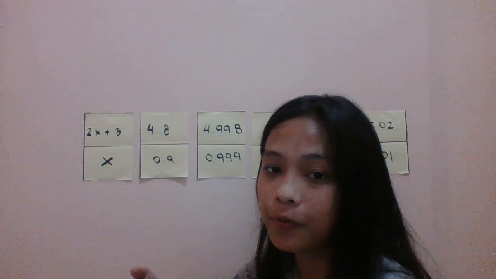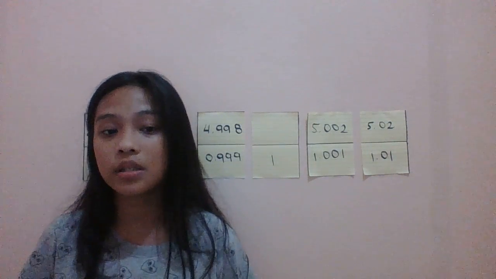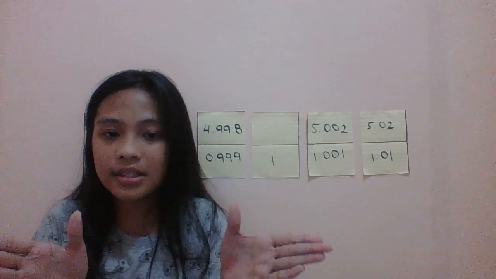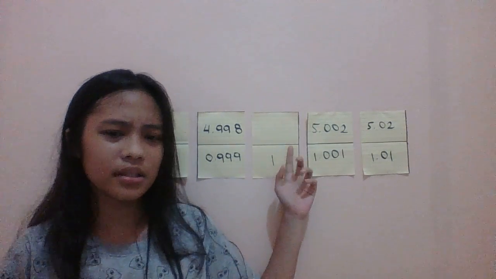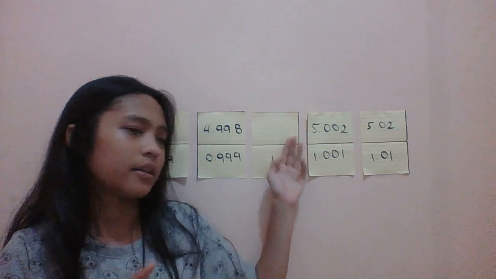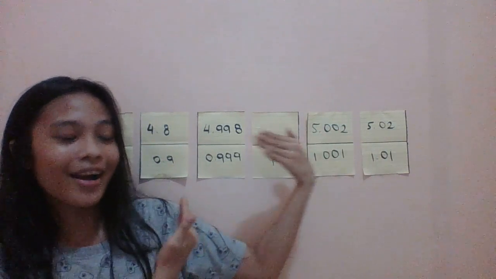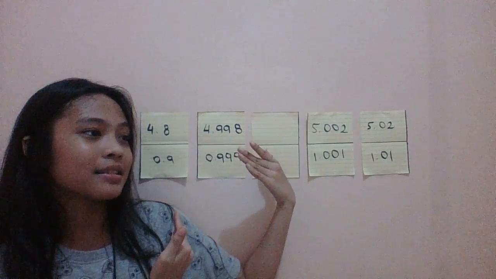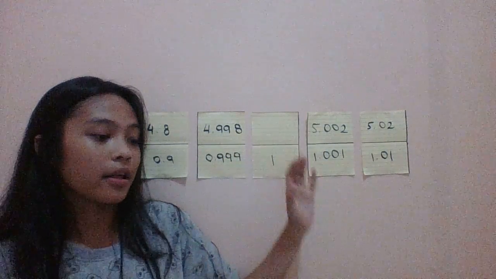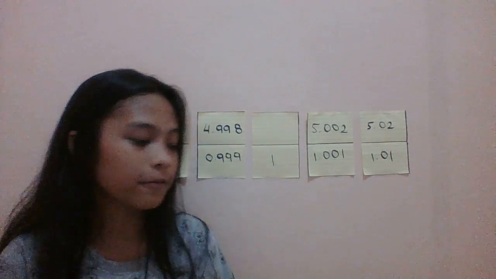So we are asked to find the unknown. How do we find the unknown? It's simple. All we have to do is round off both sides, since the unknown is in the middle and the left side and the right side have values.